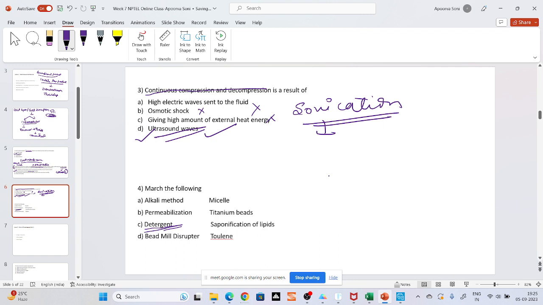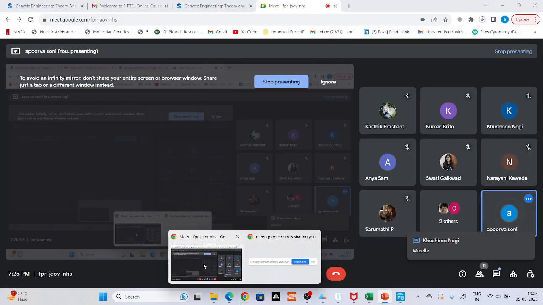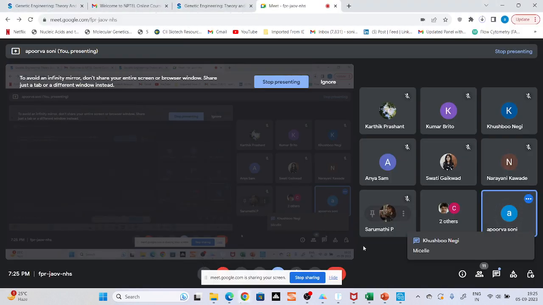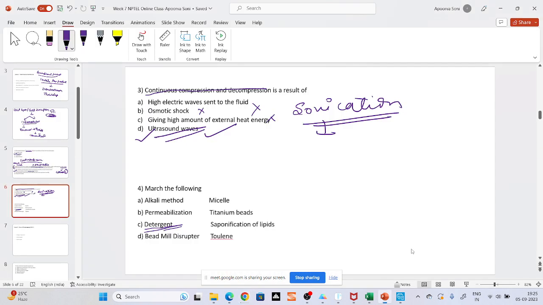What kind of formations happen with the help of detergent? Basic. We have studied it many times. We have studied it in chemistry in class 12th, I assume. Yes, Khushbu is right. So detergent would be micelle formation, C. Okay, this is done.